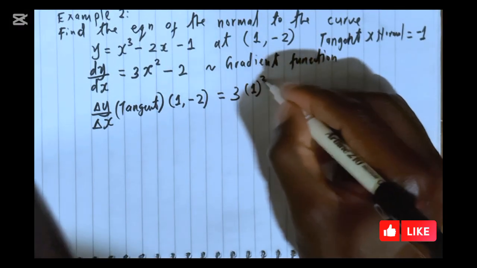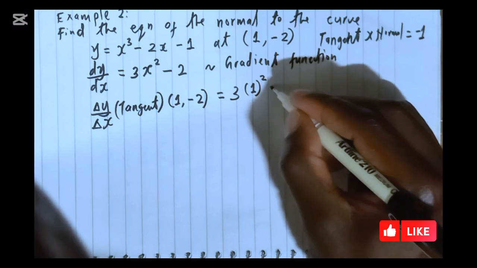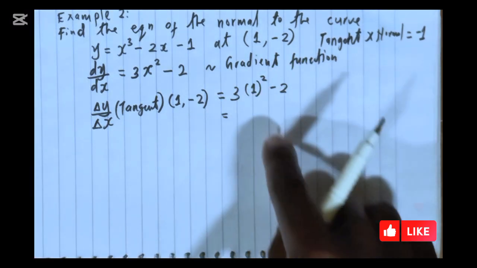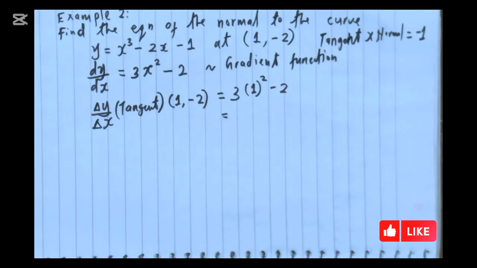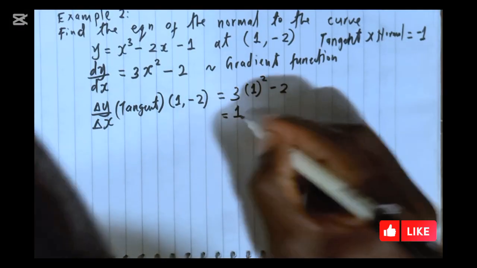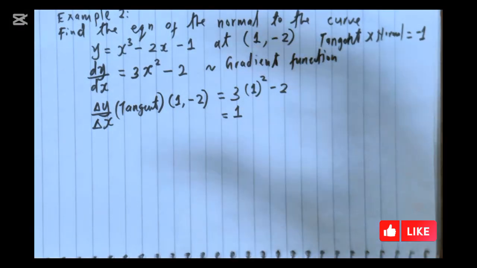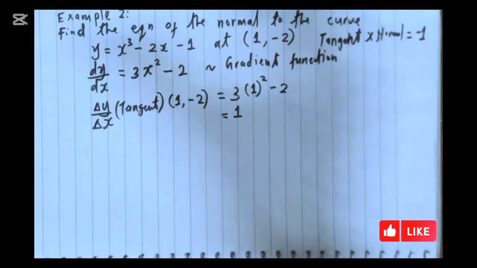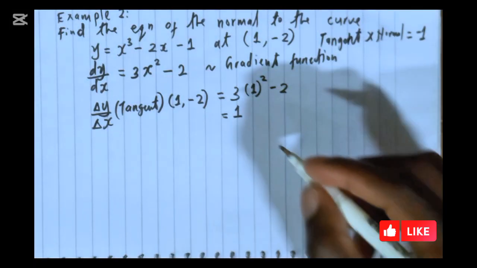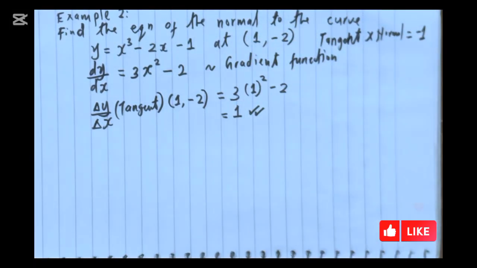So that is going to be 3 times 1, which is 3, minus 2, basically 1. The gradient of the tangent in this particular case we are finding to be equal to 1. So this is the gradient of the tangent.